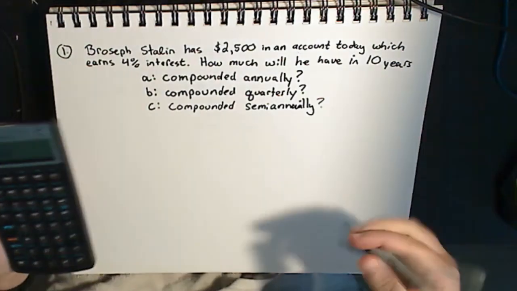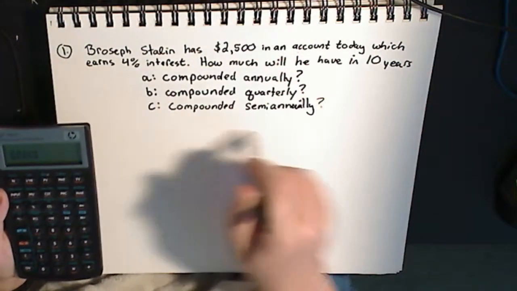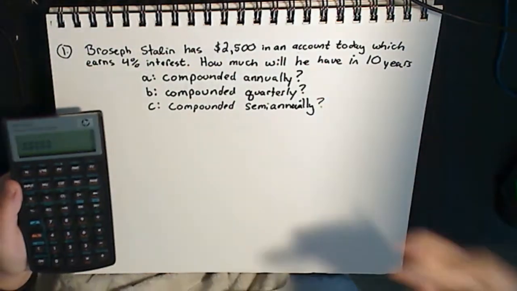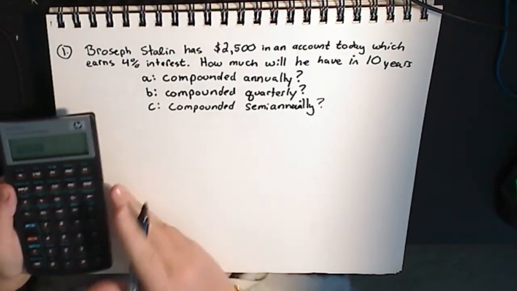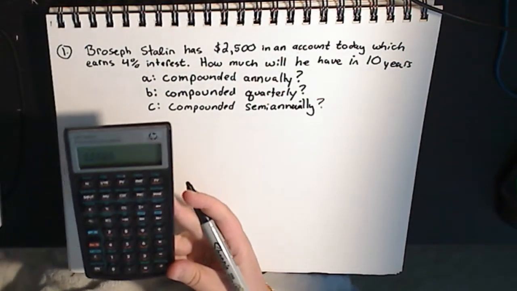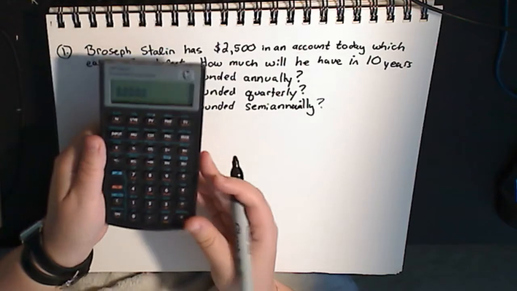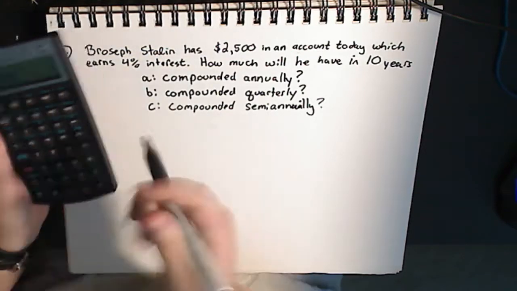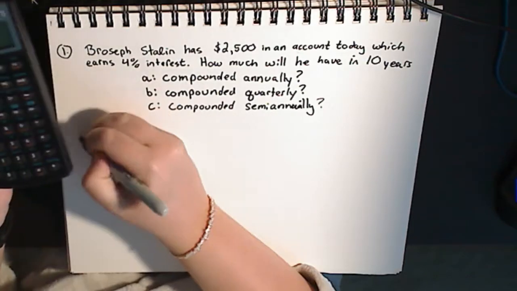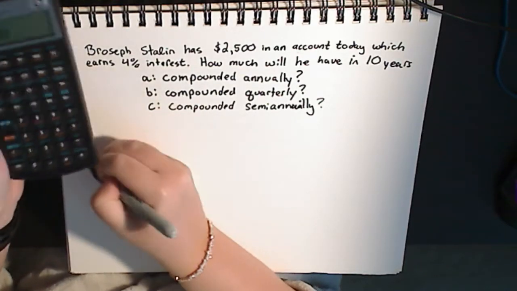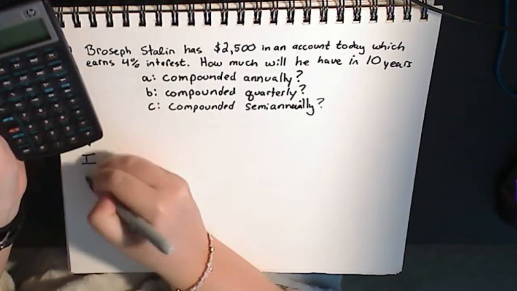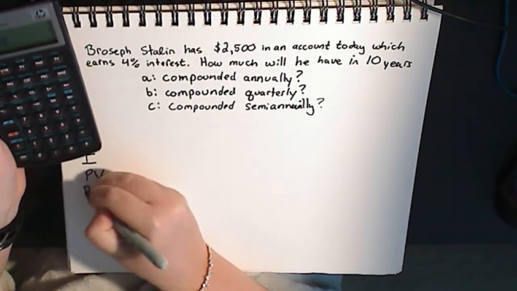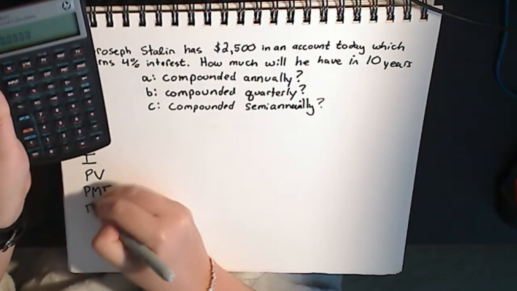You want to figure out which information in this problem corresponds to each of those buttons before you punch anything in. Because if you start punching buttons willy-nilly into your calculator, you're going to lose your train of thought and it will lead to confusion and despair. So make yourself a little chart: N, I, PV, PMT, and FV.